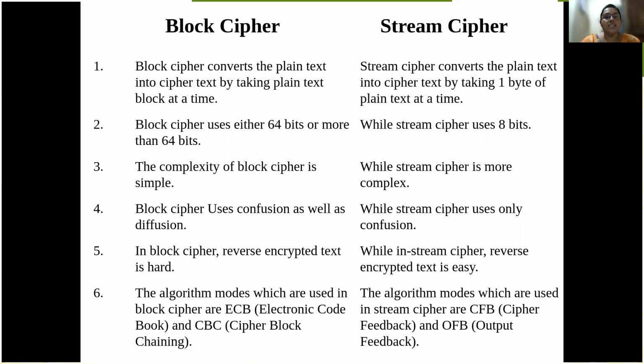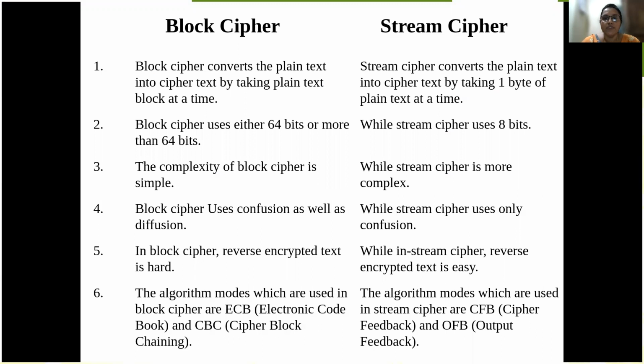In the case of block cipher, the complexity of the algorithm is less compared to stream cipher. In block cipher, diffusion is used as well as confusion. That means it can be both substitution and transformation, a combination of both.